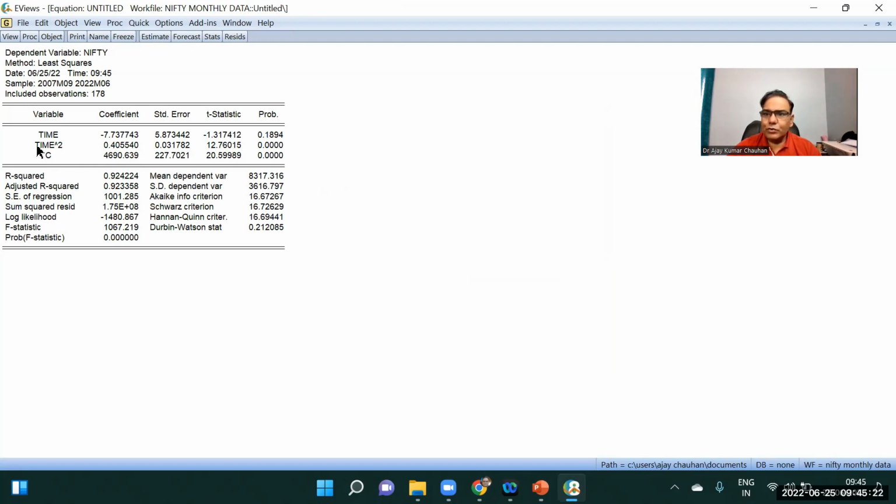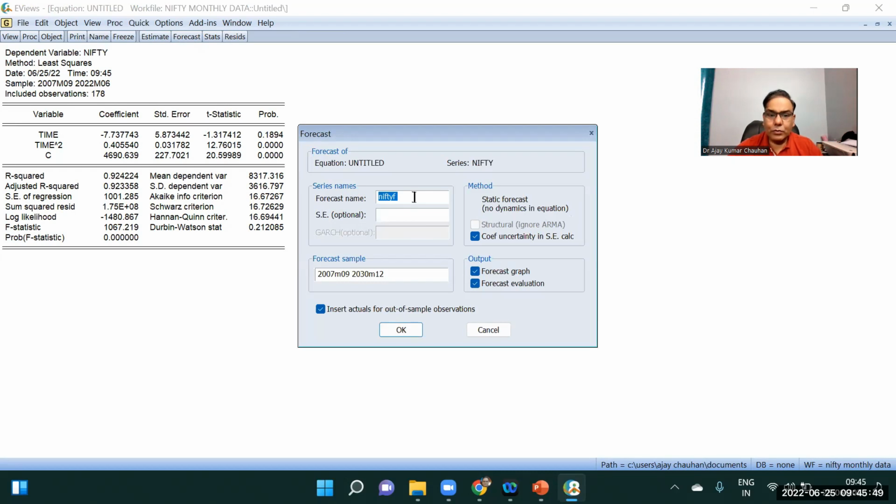And you can also see that time square is significant. The time square is found to be significant, so we will take this time square. It means the curvilinear trend is much better as compared to the simple trend. And we want to do the forecasting for Nifty using this equation. Again, go to forecast.